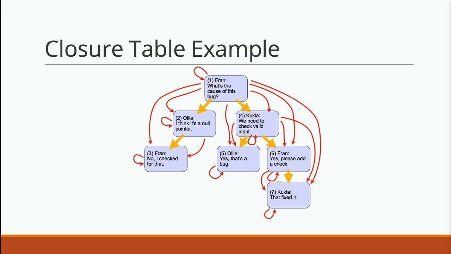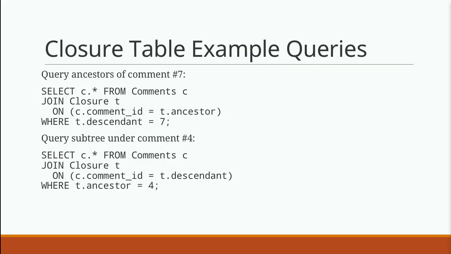Comment 7 is down here, so it's got a path coming from 6, a path coming from 4, and a path coming from 1, as well as its own self-referential path coming from itself. So every arrow that terminates at 7 indicates a linkage with one of its ancestors, because only the ancestors have a path to it. And therefore, you can get a query of all the ancestors that go up the tree.